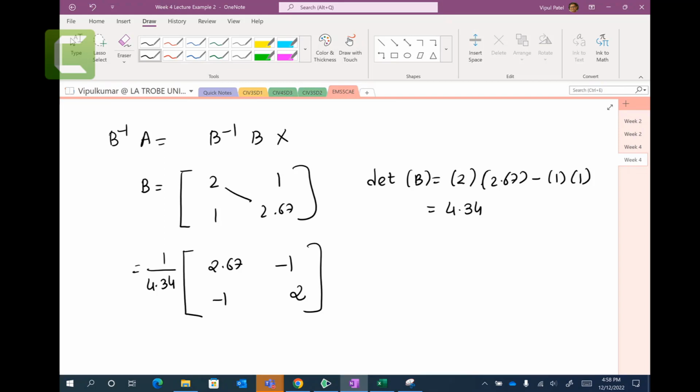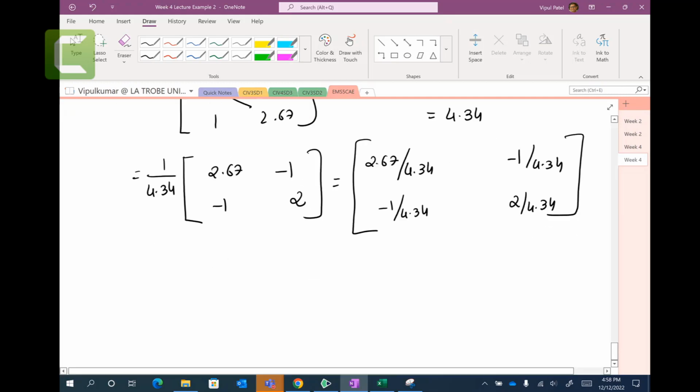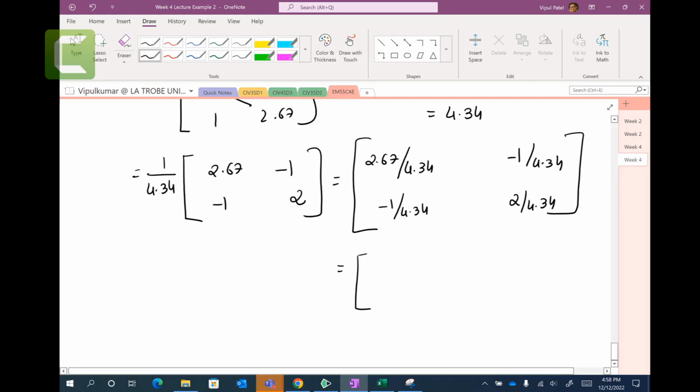Now, 2.67 on 4.34, minus 1 on 4.34, minus 1 on 4.34, 2 on 4.34. So 2.67 divided by 4.34, you get 0.62.